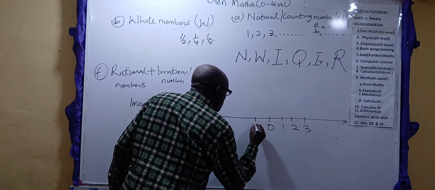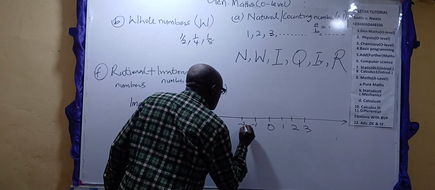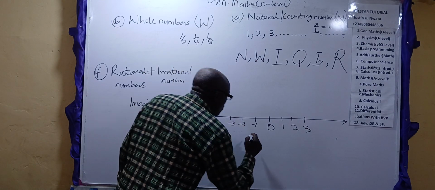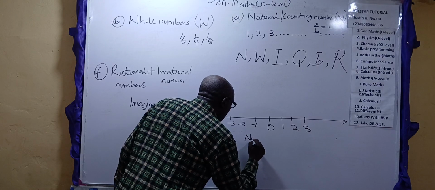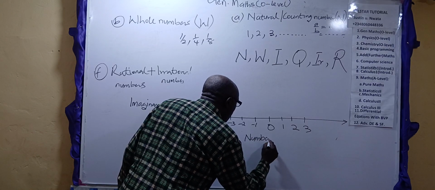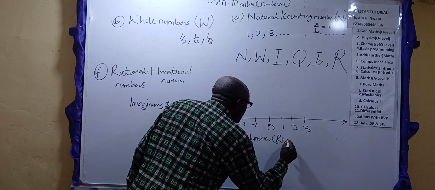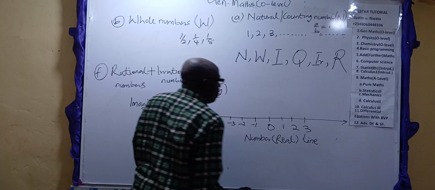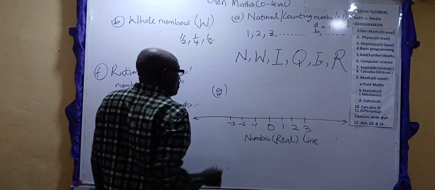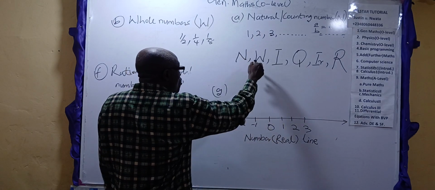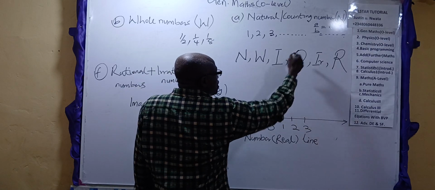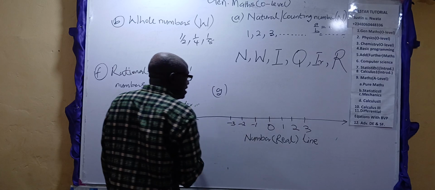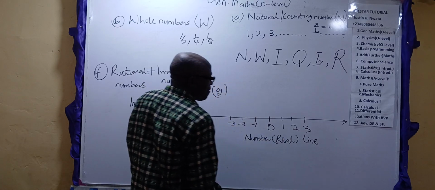This way, -1, -2, -3, continuously non-stop. This is called the number line, or real line. All the things we are talking about, whether counting numbers, whole numbers, integers, rational or irrational numbers, all of them are here. You give it the name number line or real line.